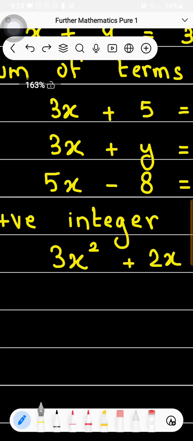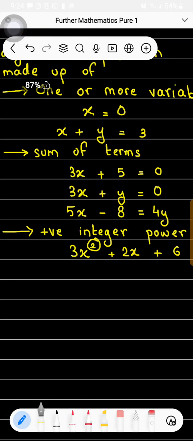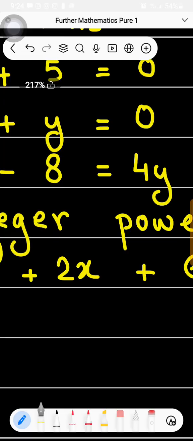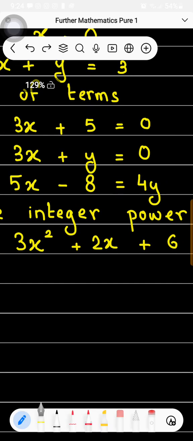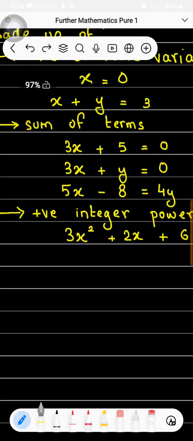We will check positive and integer; these both should be checked simultaneously. There is 2, which is a positive integer. Integers are 0, 1, 2, 3, 4, 5 and so on. So positive integer means the 2, so it satisfies the third condition. Here is 1, a positive 1, so it also satisfies all of the conditions. So this is a polynomial equation.